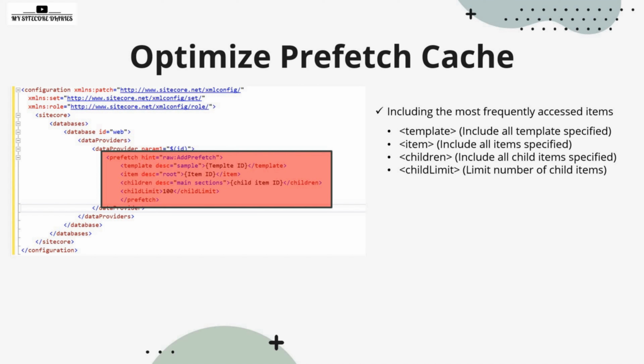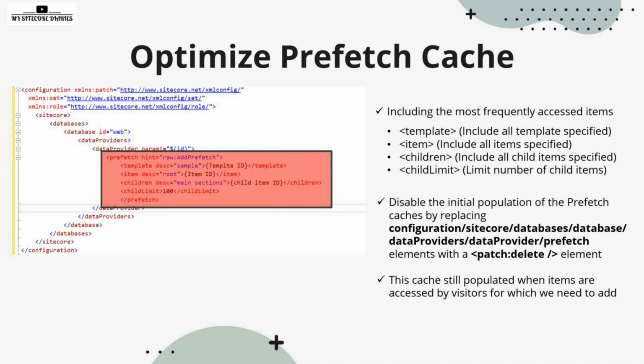Generally in a prepage cache, the frequently used items are stored, so you want to configure only those templates which are frequently used. So you can use a template node here, then use the item node for an item you want to cache, and children, and then you can have a child limit. Child limit means you have an item and how many children you want to cache. So this is the prepage cache configuration.